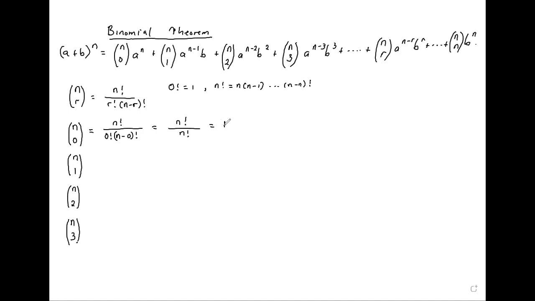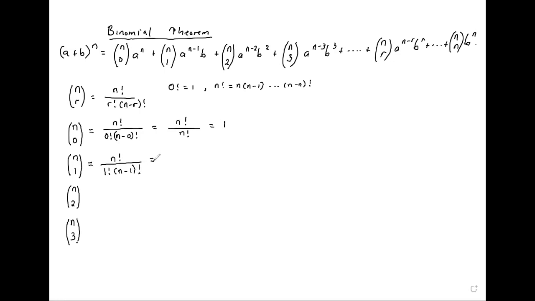Then n choose 1, we say n factorial over 1 factorial. Remember, 1 factorial is just 1 times 0 factorial, which is 1. So 1 by 1 is 1. And then n minus 1 factorial.